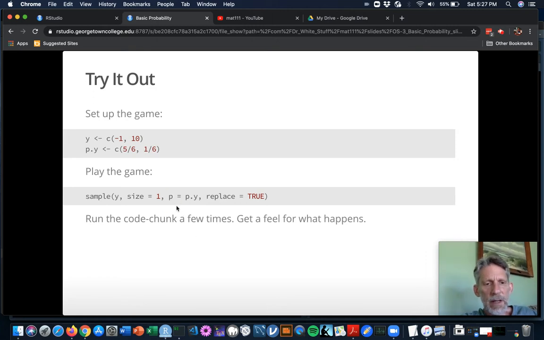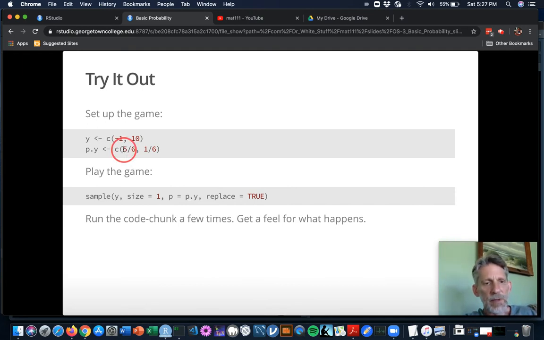Next up, and this is actually slightly a typo, that should say prob instead of p. There's a reason why the code will work though, but I don't like that I have that typo there. This tells you the probability of picking each of the two things out of the y vector.